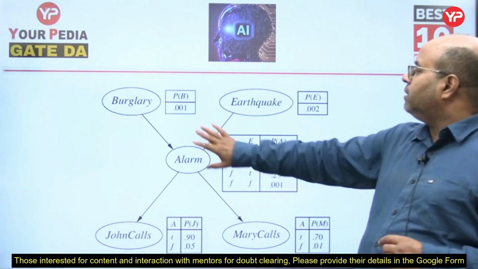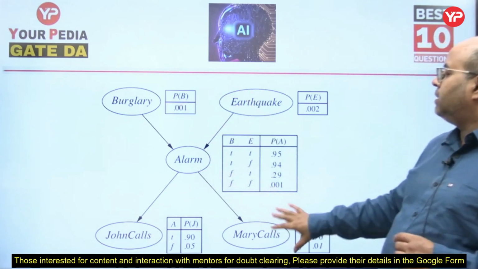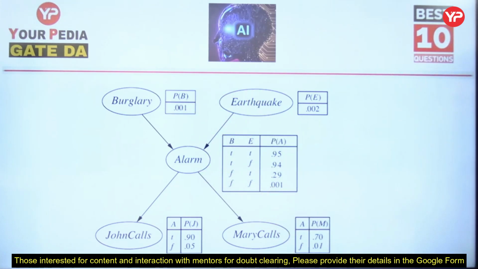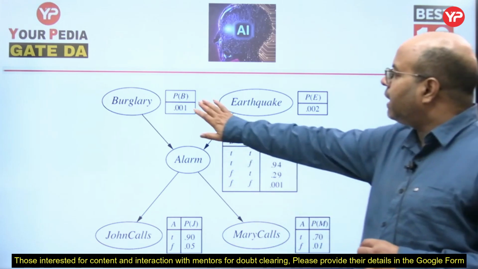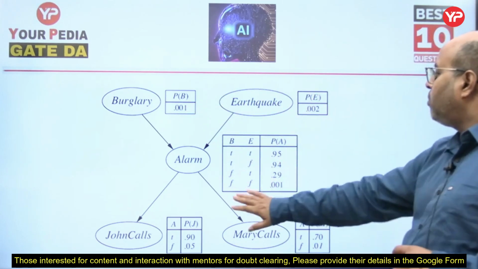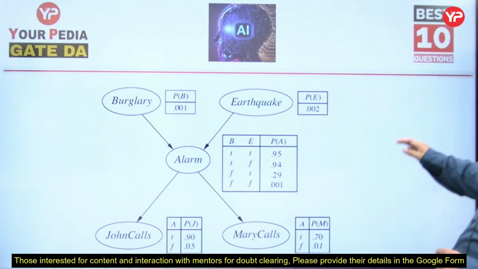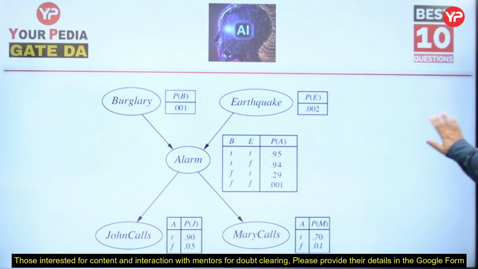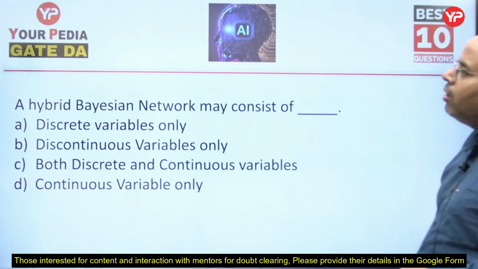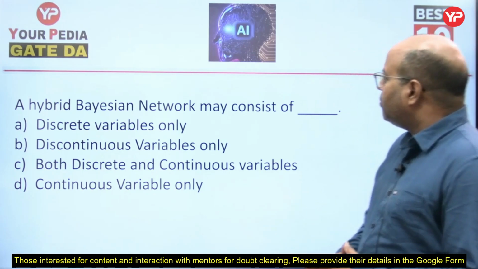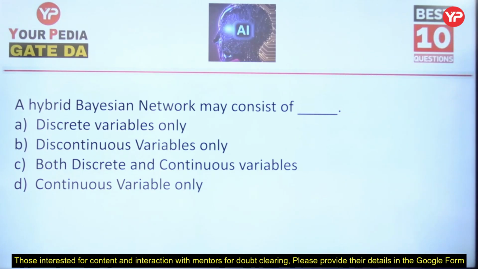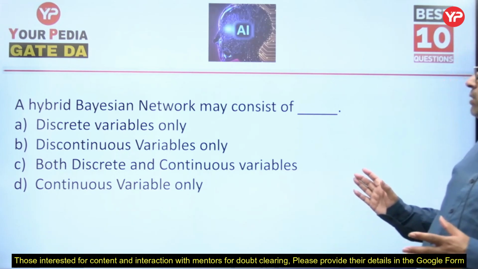So now you see, this is the graph, how it is described, the Bayesian network graph, an acyclic graph, and then these are the CPTs, conditional probability tables. So this is how a Bayesian network is defined. Now, a hybrid Bayesian network may consist of discrete variables only, continuous variables only, or both discrete and continuous variables.